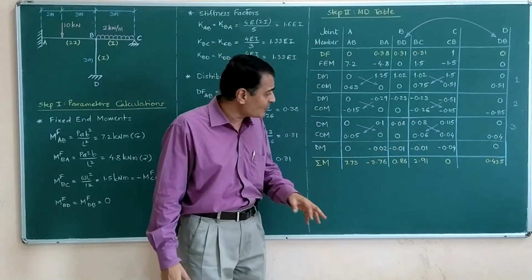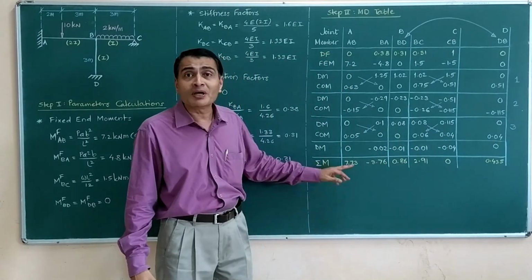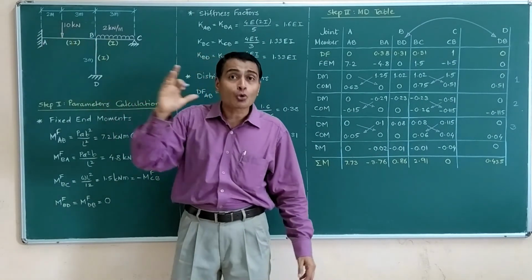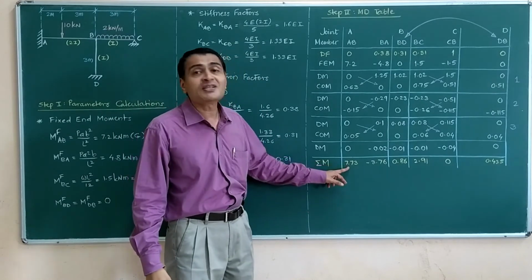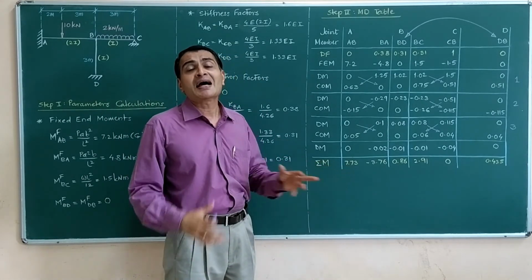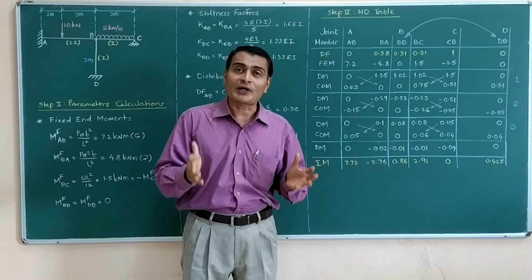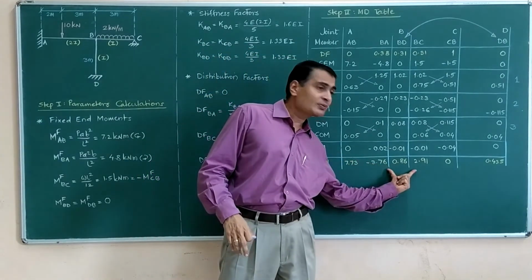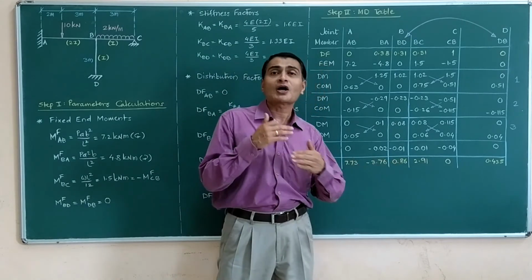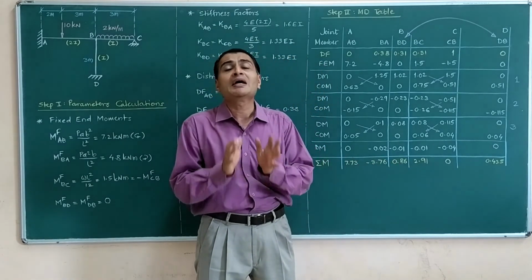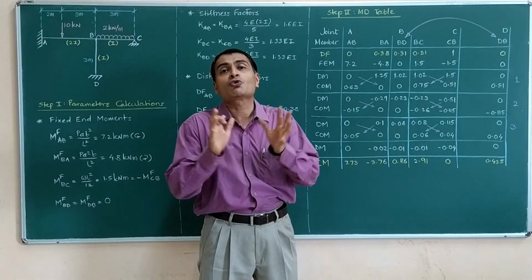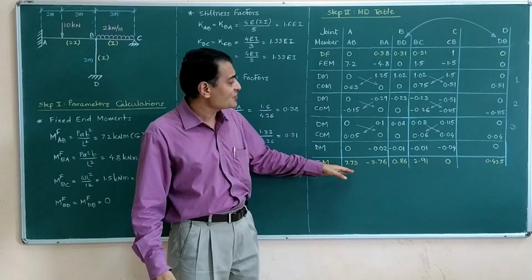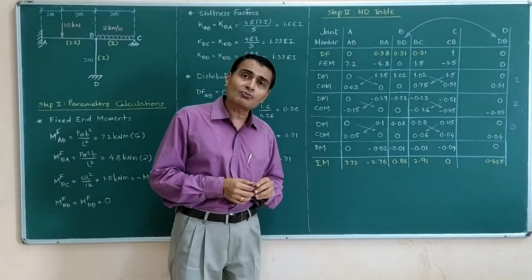And in the same way, here also I am getting some moment because we actually have a load acting near joint A. So I do end up getting 7.73 kilonewton meter as my end moment at A. Great. Balancing of this joint indicates that you have done enough cycles of iteration and you have achieved the required equilibrium in the entire frame. After this, the next steps you are very well aware of.